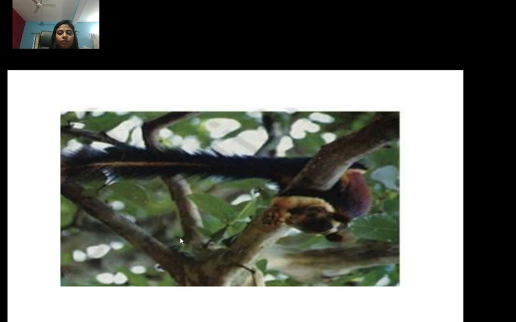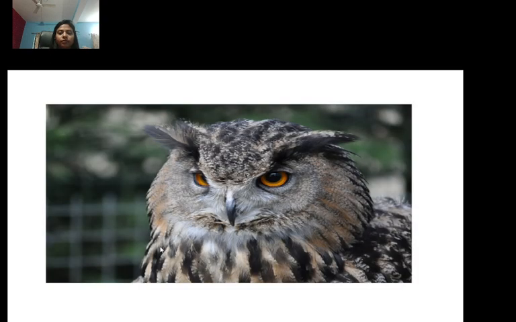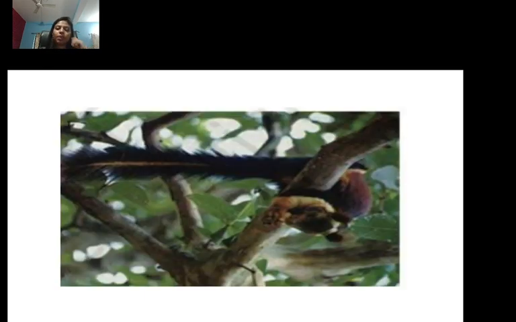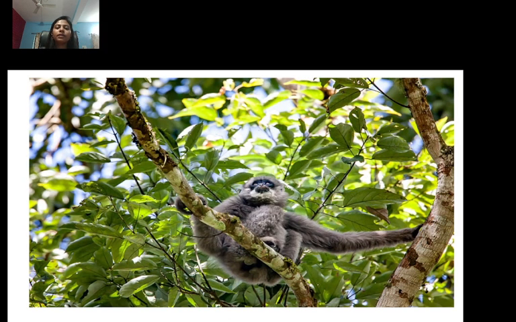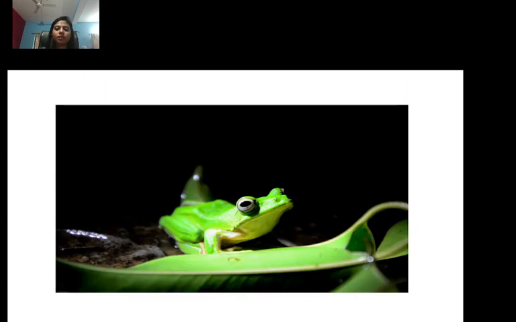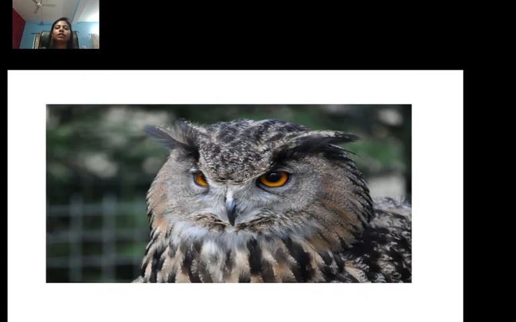This is a kind of bird, no? Yes. This one? Owl, right? So, students, nowadays have you ever read in a newspaper that we are seeing there are so many animals. There are other animals also, but for now, you can see that these animals we rarely find, right?